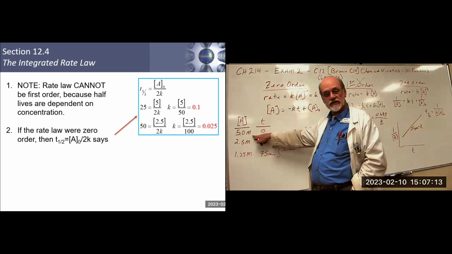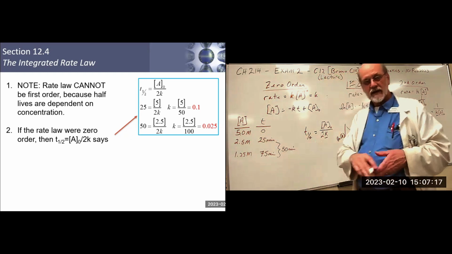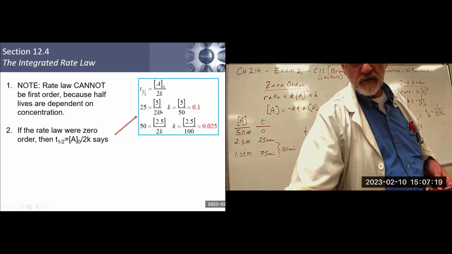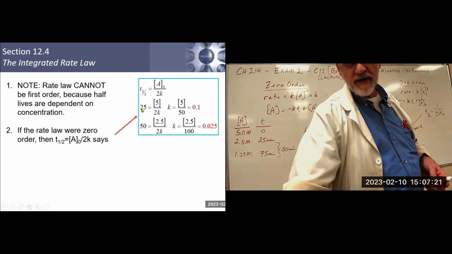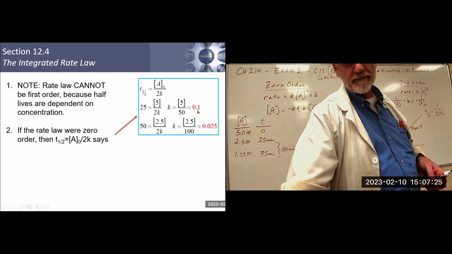And the initial concentration is 5 divided by 2K. So that's what this first equation shows right here. Right? 25 half-life, 5 concentration, solve for K is 0.1.